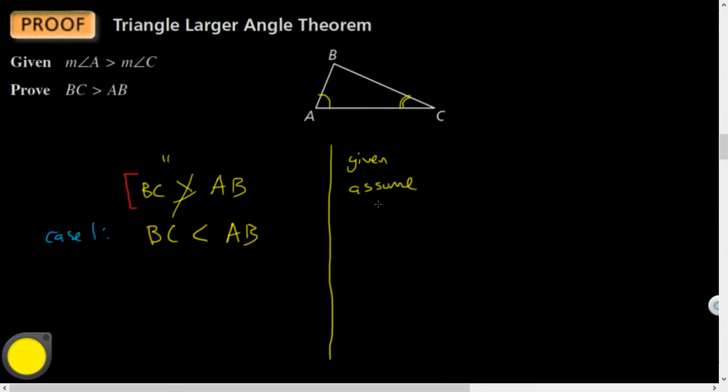So let's assume that BC is less than AB. Well, this has two possible outcomes. If it's not greater than it, it's either going to be less than it or equal to it. So that'll be case two.